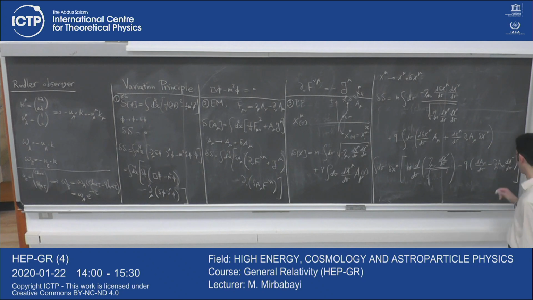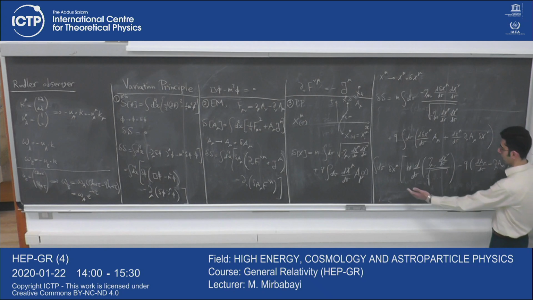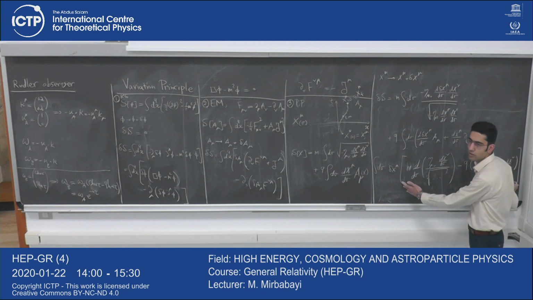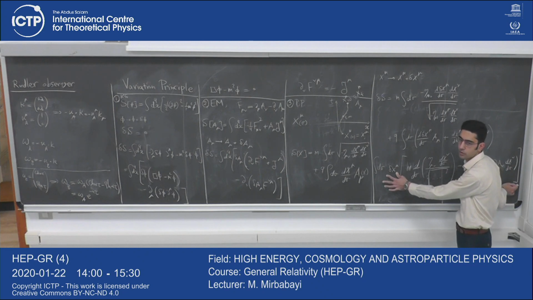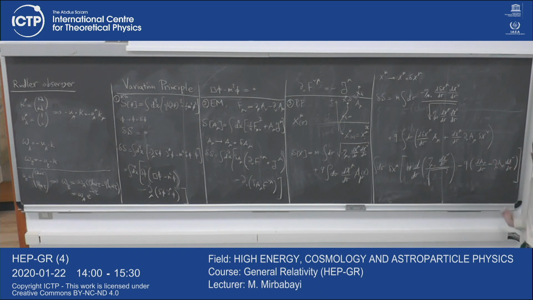Okay, so now what do we do with this derivative of A_μ? So first of all, this is basically our equation of motion, because that's the part that multiplies δx^μ. δx^μ is arbitrary, therefore what multiplies it has to be 0. So that is the equation of motion. Now we can simplify it a bit.